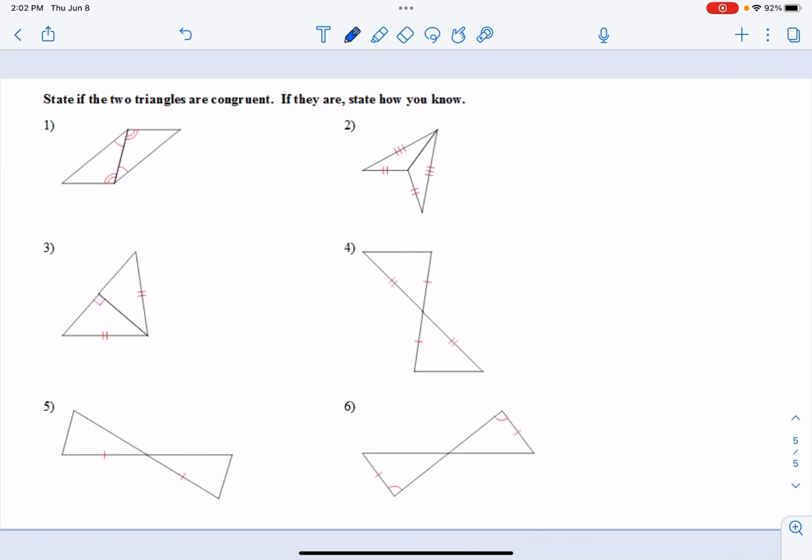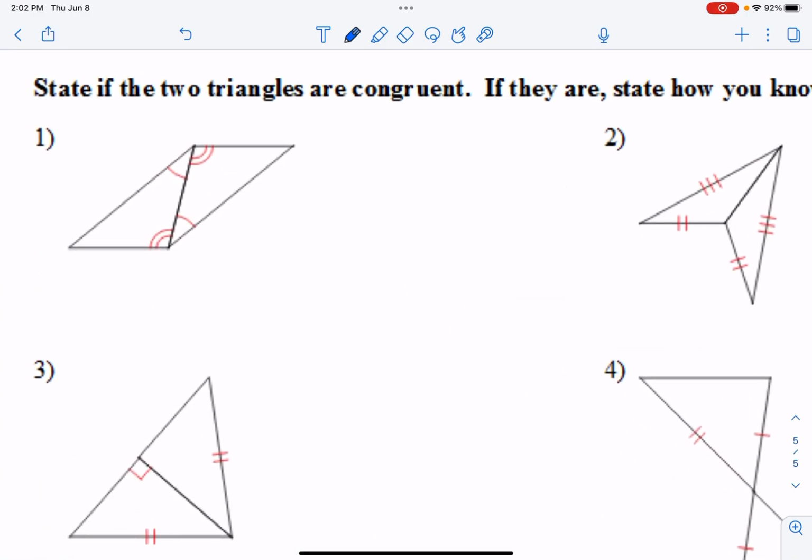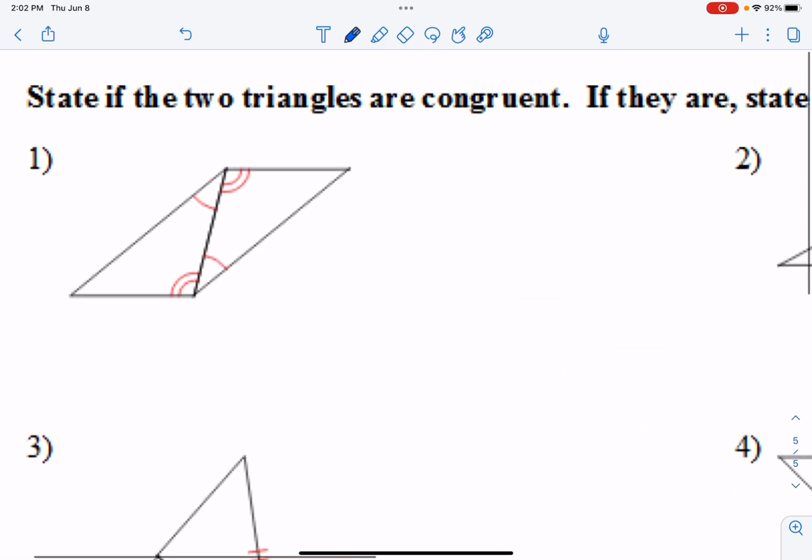State if the two triangles are congruent. If they are, state how you know. They don't always give you all of the information. In this first one, I have an angle and an angle. I have another set of angles.